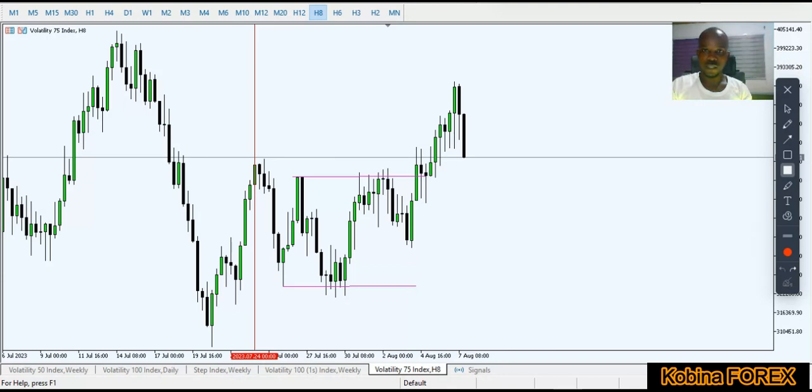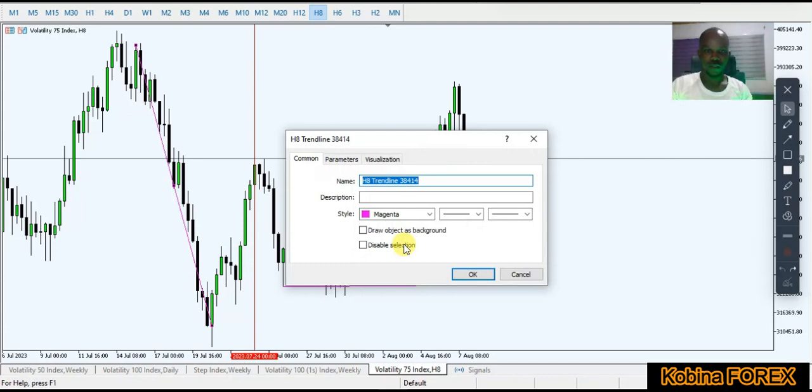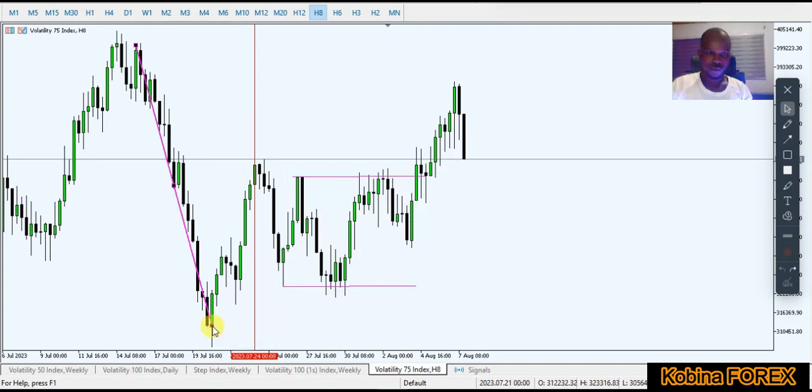All right, let me use my simple tools that would make it easy to understand. So we have price rallying all the way in here. Pardon me, let me quickly change this so that it makes the charts more visible. All right, so price rallied all the way down in here.